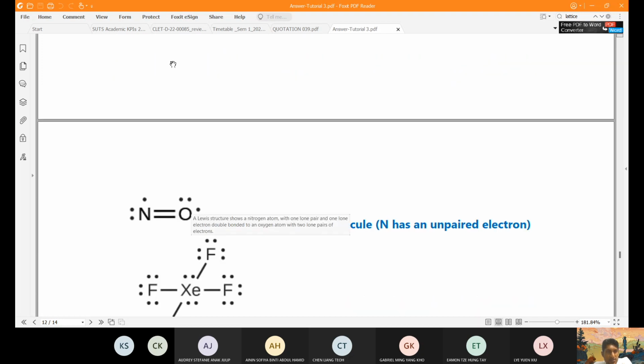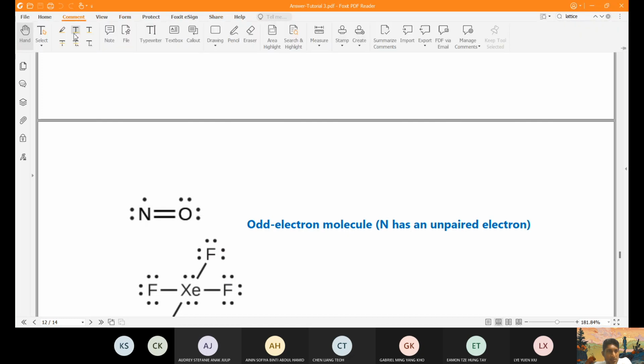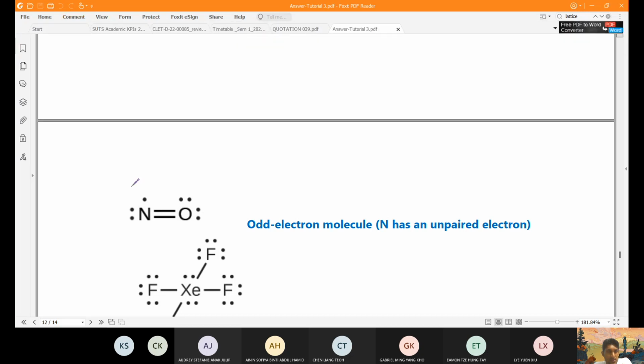And nitrogen oxide. Yes, there is nitrogen oxide, an odd electron molecule, and that is why nitrogen has 1 unpaired electron on it.